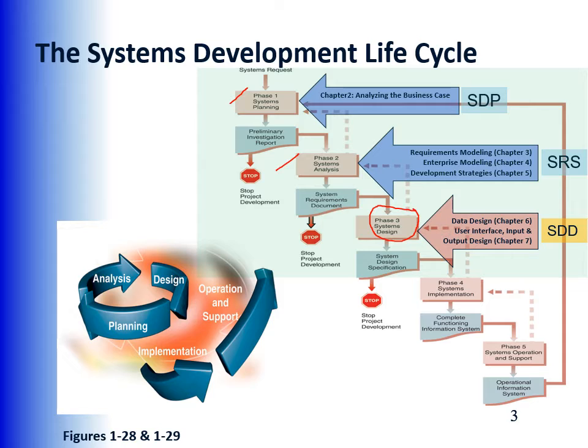Okay, so in the third phase, we have cover physical design, which is in this phase you have learned about data design in chapter 6, and now we are moving to chapter 7, user interface, input output design, right?